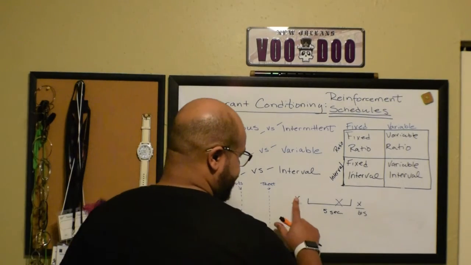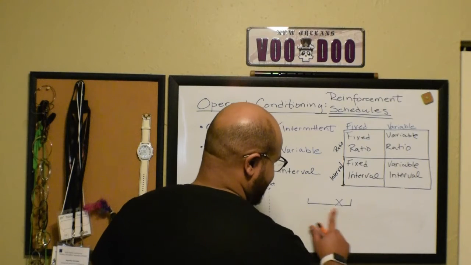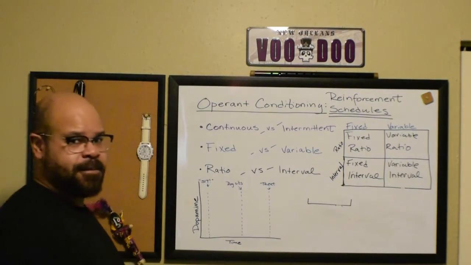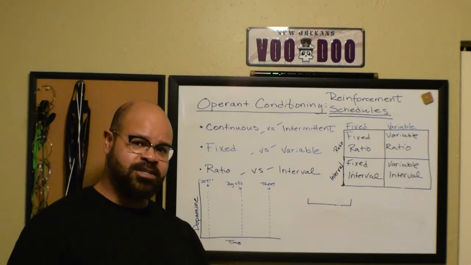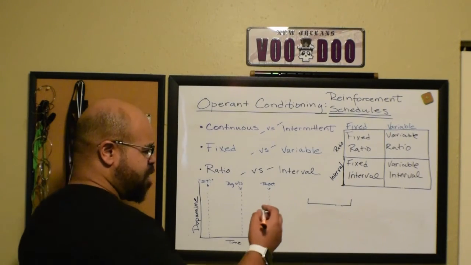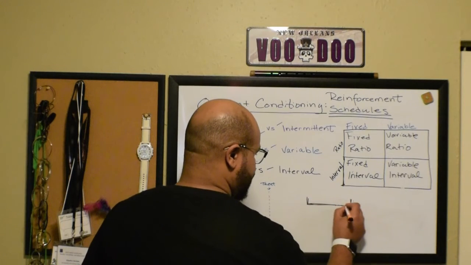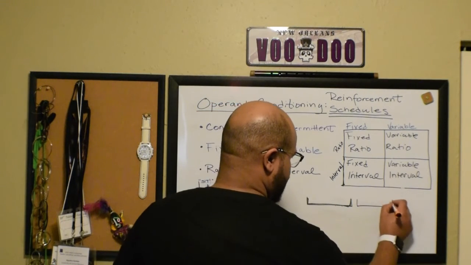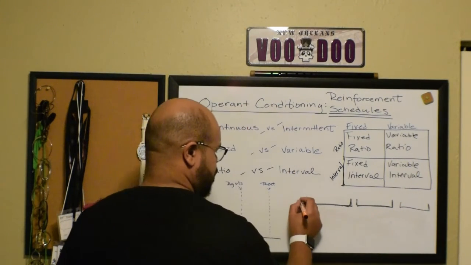So in a fixed interval schedule, similarly, the amount of time is always going to be fixed, but it's always going to be an interval. So the way I described letting my dog in, or getting my dog to show up when I call him at the door, could be a fixed interval schedule.